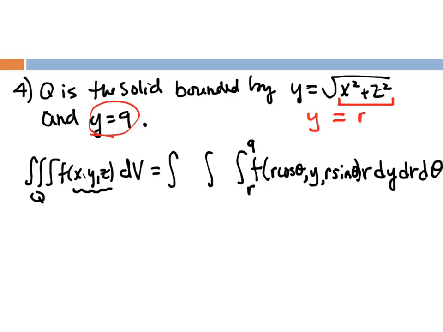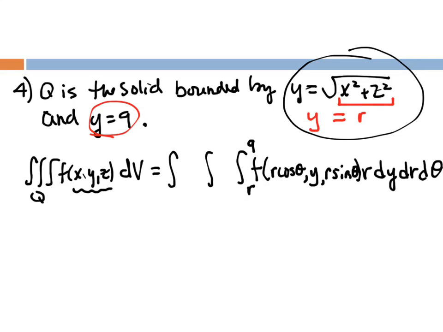What about r? What does r have as its limits of integration? What's the smallest that r can be? I mean, take a look at the equations where we had them set up before. What is the restriction on r? 0, right? This equation right here tells me that the original one that I was given, that y can't be negative, right?